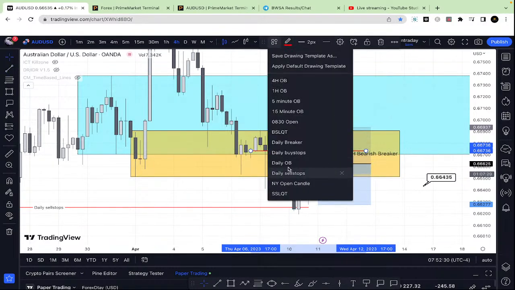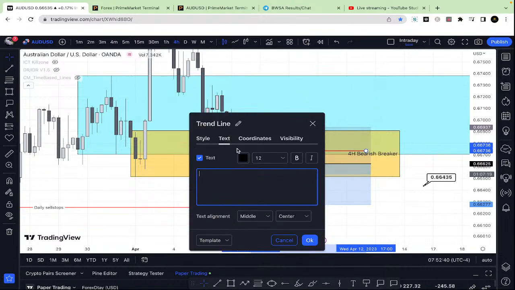Let's go draw order block, if I can just find it. Whatever, I'll make one real quick. OB, and then we're going to put that top right.